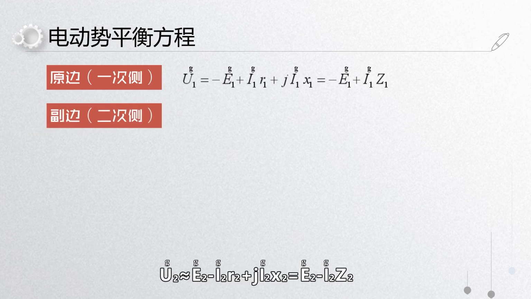Secondary side: U2 equals E2 minus I2 times R2 minus j times I2 times X2, which equals E2 minus I2 times Z2.